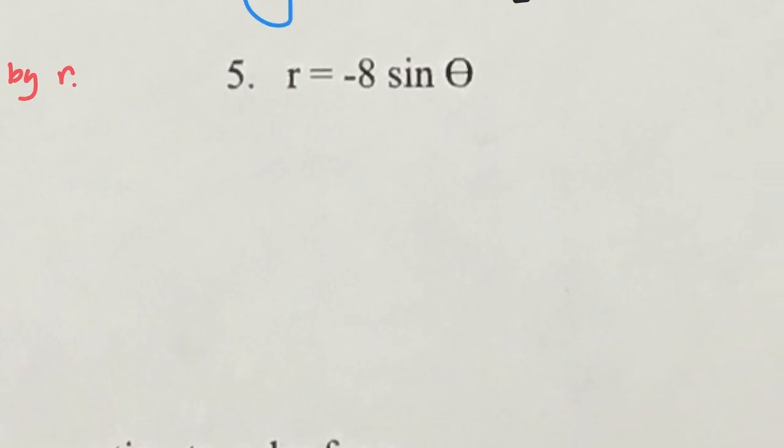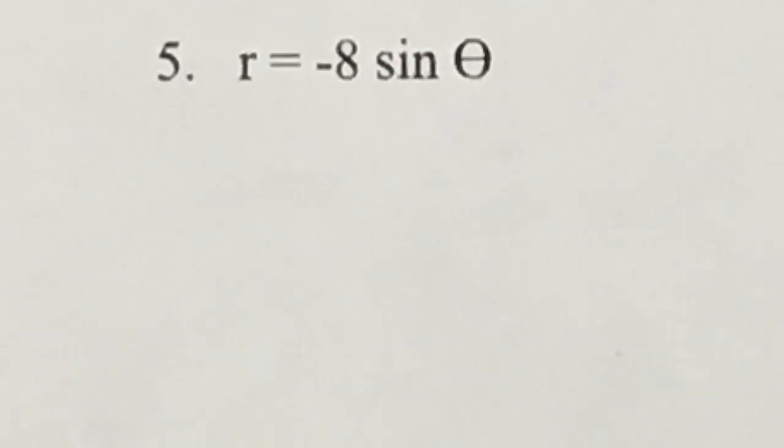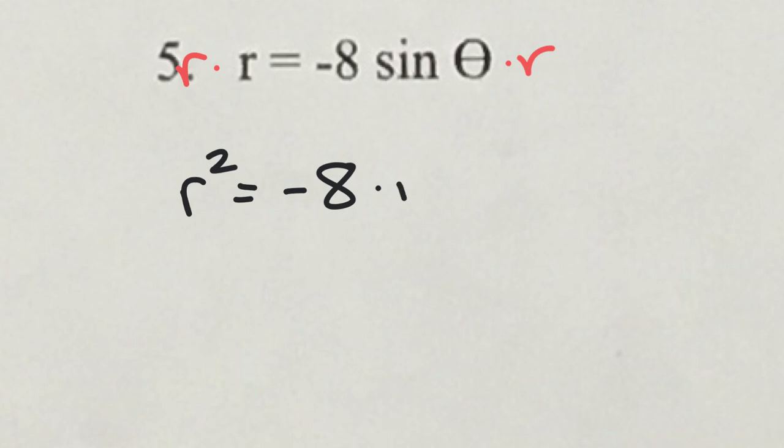Okay, so similar thing here with number 5. So multiply both sides by r. That gives r squared equals -8 times r sine of theta. Remember, we write it like this because we want to replace r sine theta.